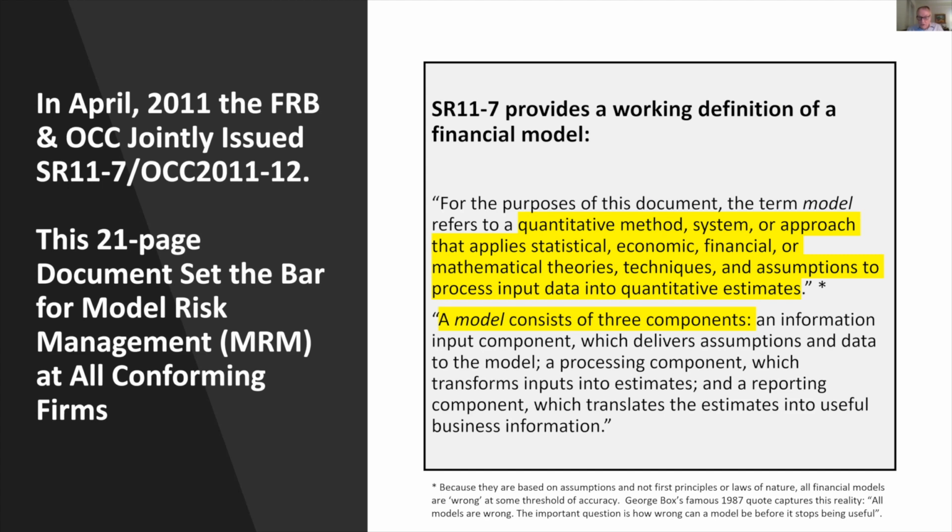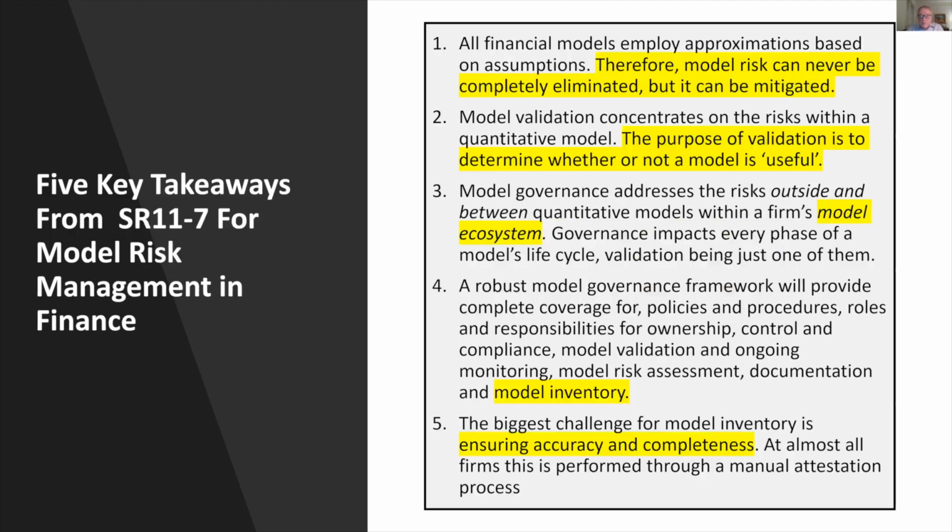The important question is, how wrong can a model be before it stops being useful? That's true about models in many different areas of science, but it's especially true in finance. So all financial models employ approximations based on assumptions. And because of that, model risk can never be completely eliminated, but it can be mitigated to some extent.